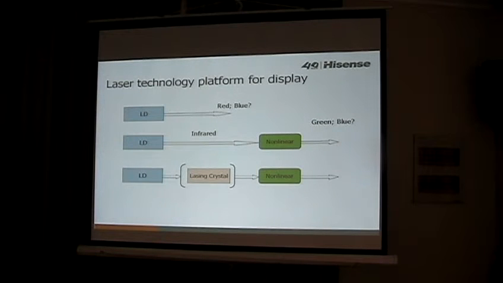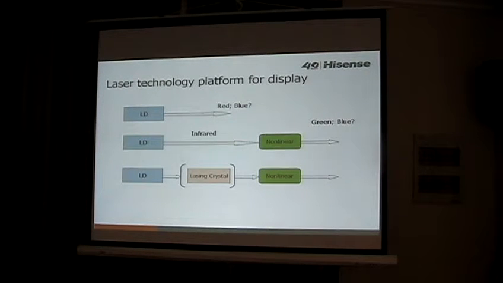And also, because its transverse mode is not good enough, the laser beam directly out of the laser diode is not good enough to match the requirement for nonlinear optics. So instead of using the laser diode directly to pump a nonlinear optical crystal, we use it to pump the solid laser first. Then we use the laser beam out of the solid laser to match the requirement of nonlinear optics.